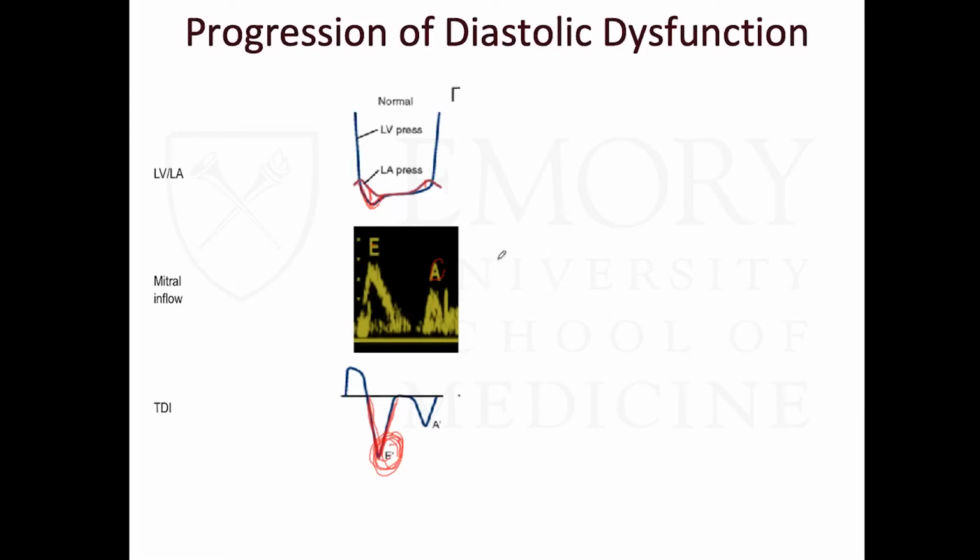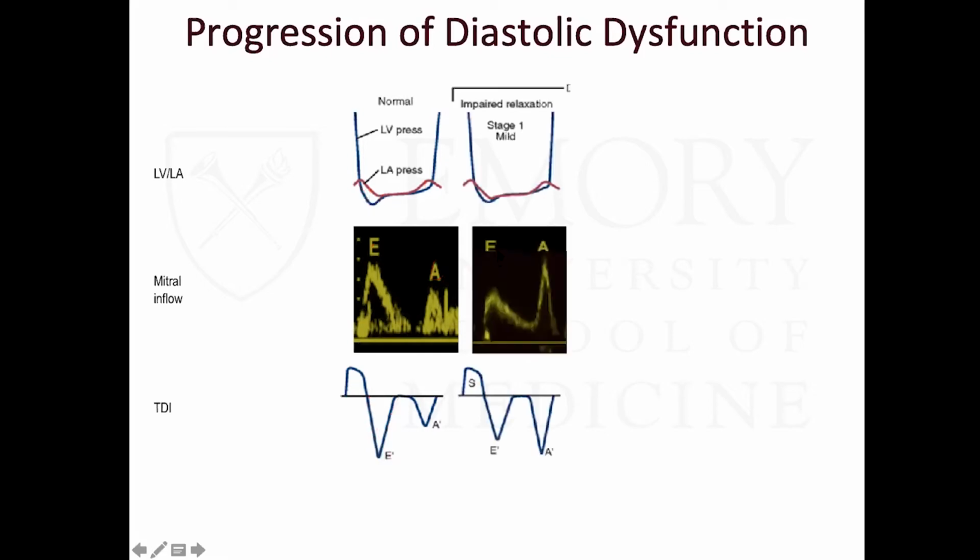The first thing that happens with diastolic dysfunction is the left ventricle no longer sucks as well, no longer generates that negative pressure as well, and that is reflected by a less vigorous, a less negative E prime. And here we start to see EA reversal. Instead of a normal EA configuration, we see EA reversal as the first sign of early diastolic dysfunction.